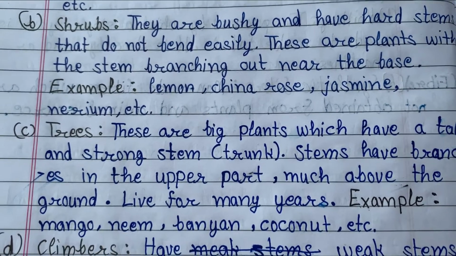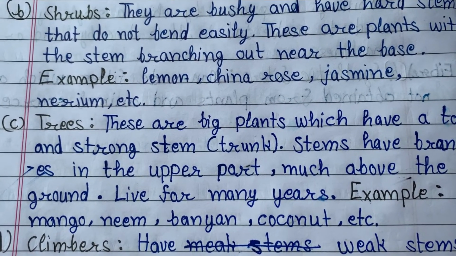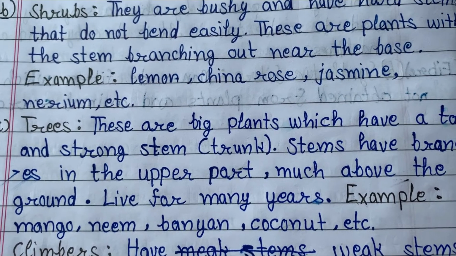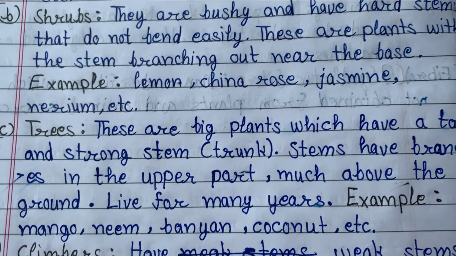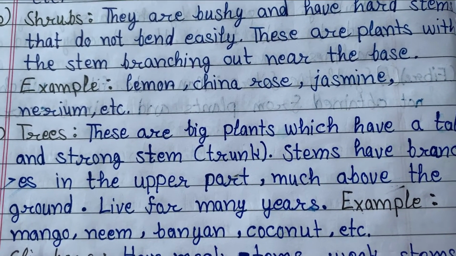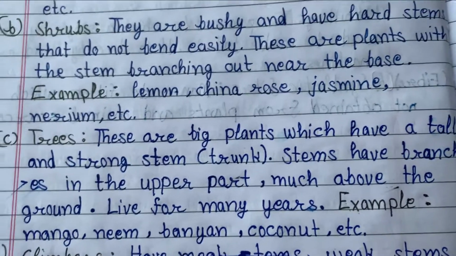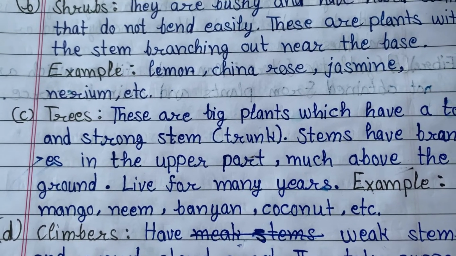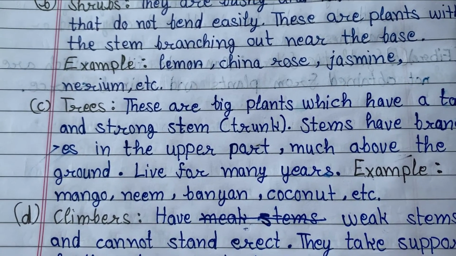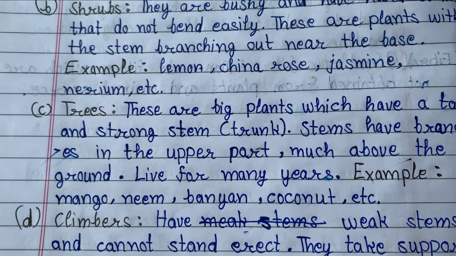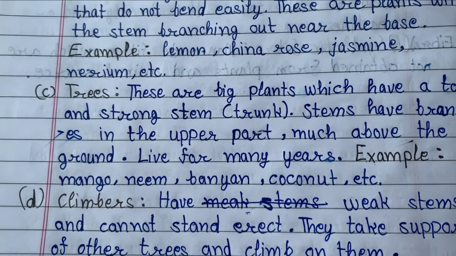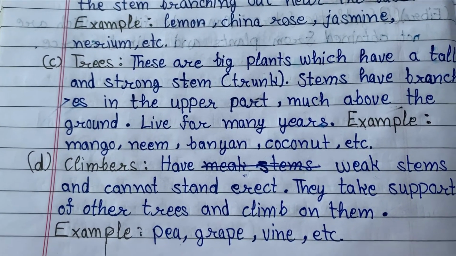Then we have trees. Trees are the big plants which have a very strong stem and they stand on that stem, and then branches and leaves emerge out from the main stem. Examples of such trees are mango tree, neem, banyan, coconut, etc. Then we have climbers.